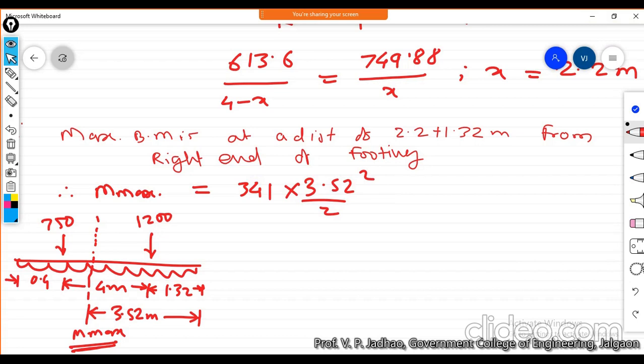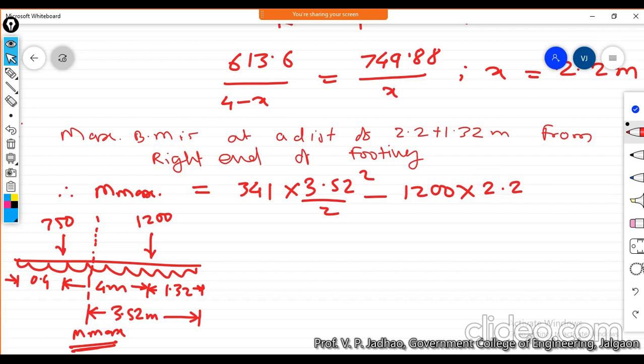Why? Because it is producing hogging moment, therefore minus 1200, and it is acting at a distance of 2.2 meter.